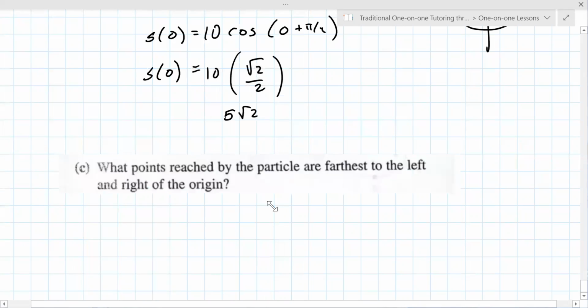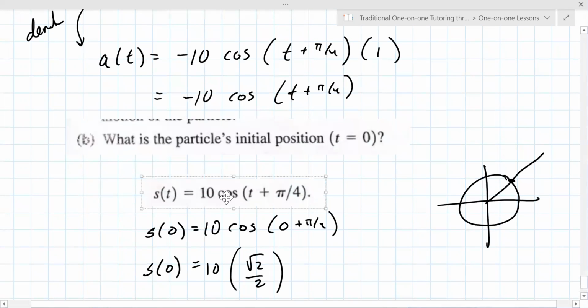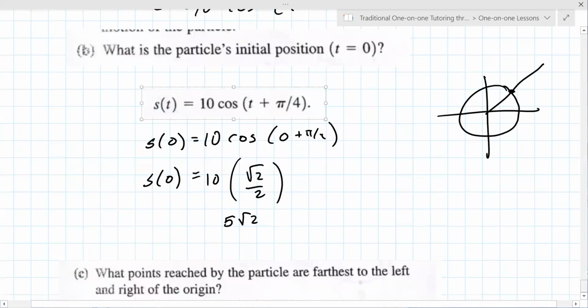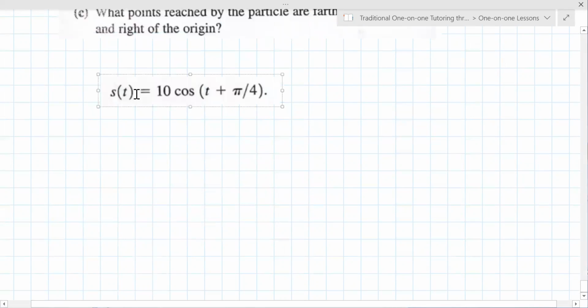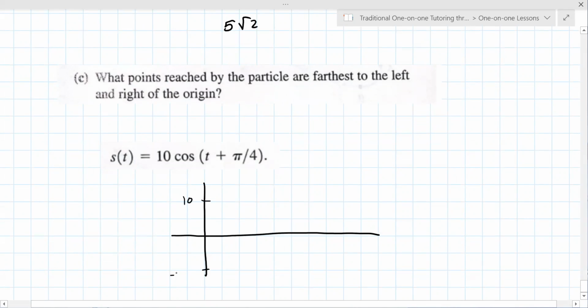Let me talk through part C here. What points reached by the particle are farthest to the left and right of the origin? If you were to graph this, a normal cosine, just imagine this is 10 and negative 10, starts high, goes low, comes down, goes back up.